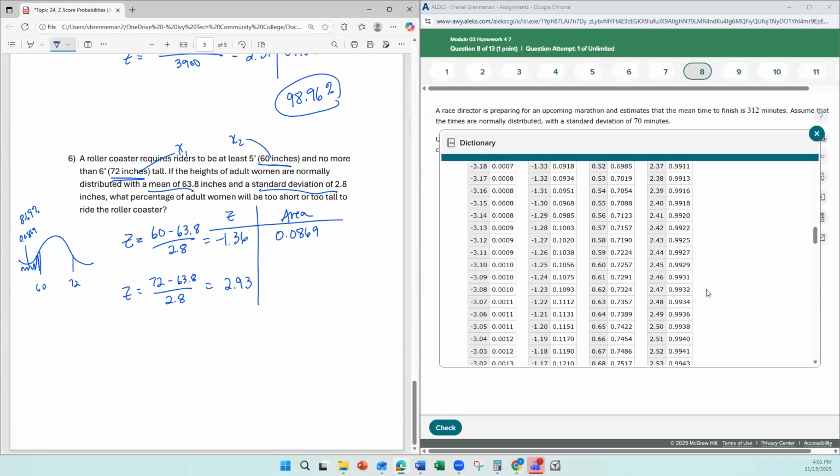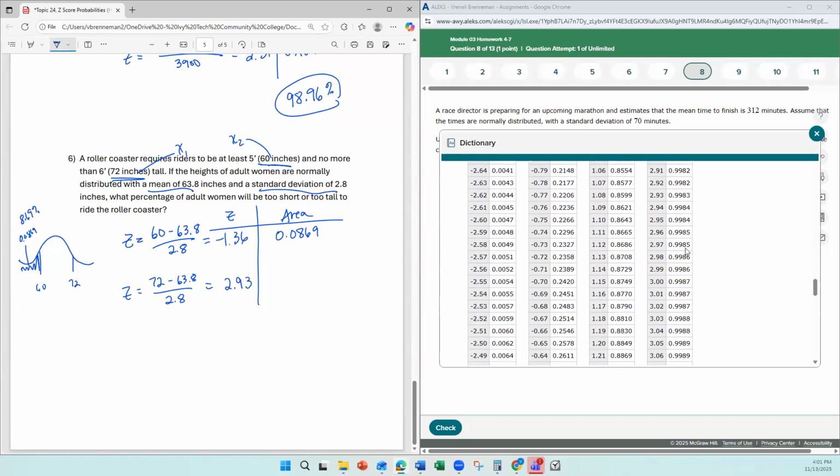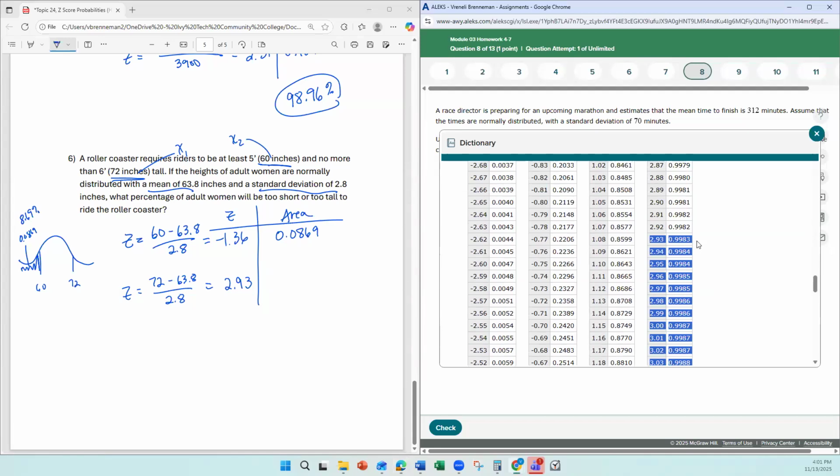For the 2.93, when I look up 2.93 and get 0.9983, that's telling me this whole area. So all of this is 0.9983 or 99.83%.